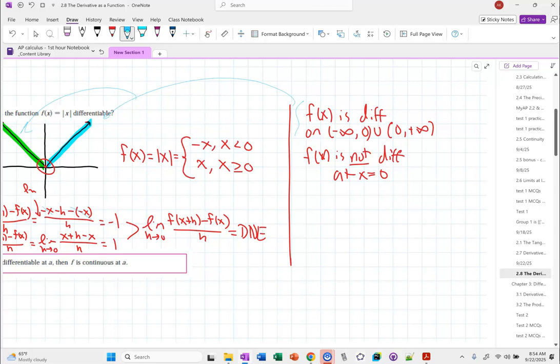It's going to simplify down to negative 1. And then you say, okay, for a in 0 to positive infinity, that simplifies down to 1 also. That's the only difference, but that's easy enough to do.